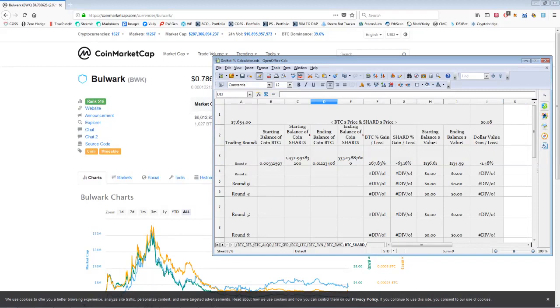Shard is another very speculative, very low cap, low liquidity coin, and it's basically a diversified investment vehicle. The Shard coin is going to have ownership rights of a whole basket of digital currencies that's professionally researched and vetted and managed and all of that.